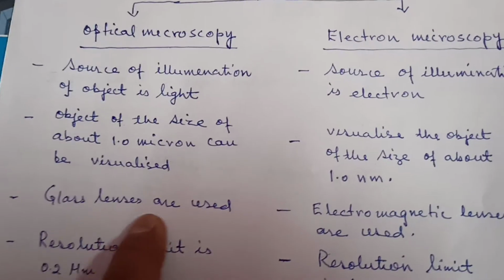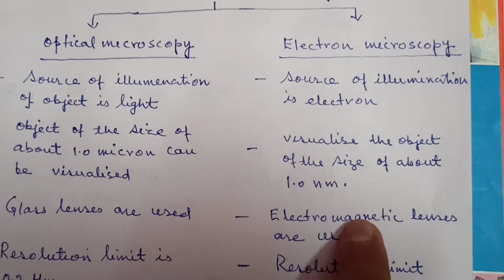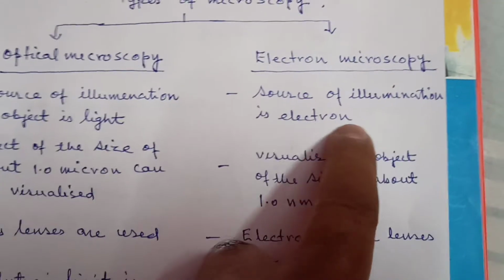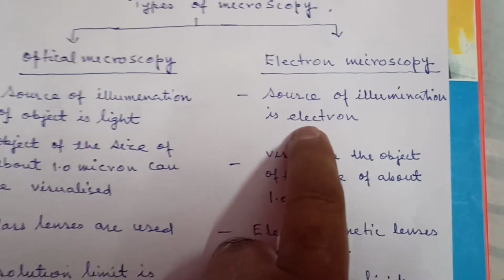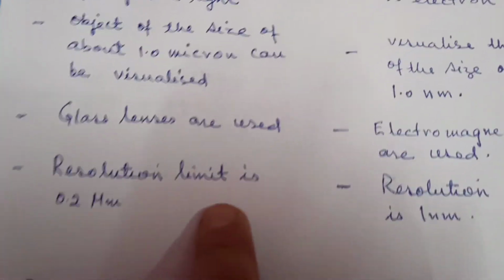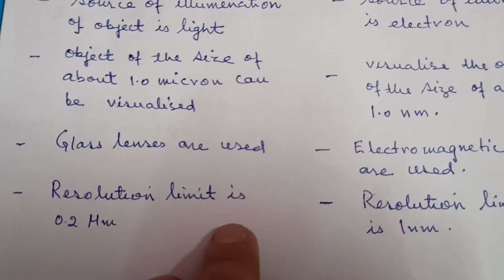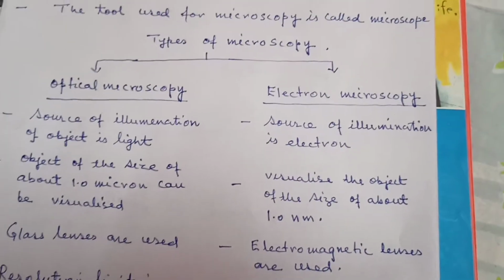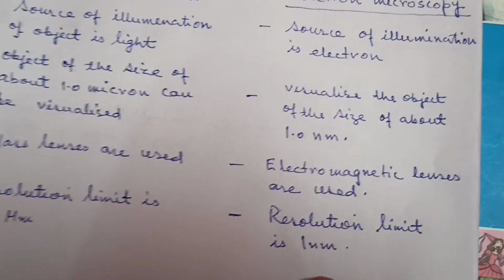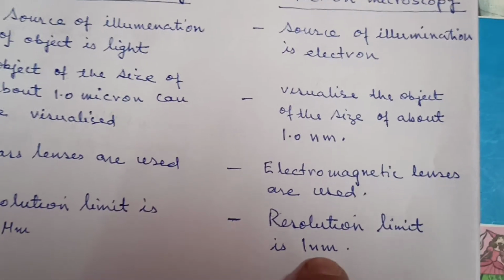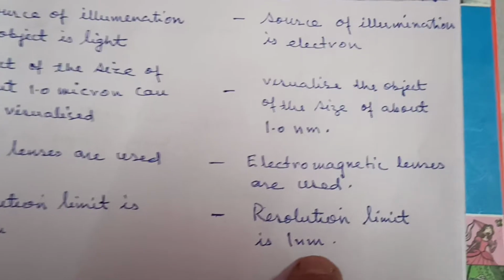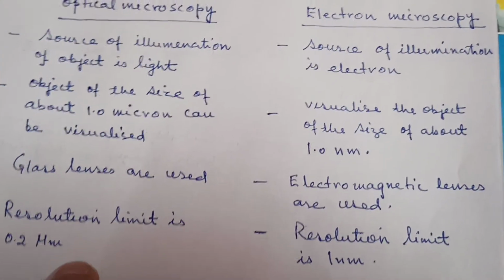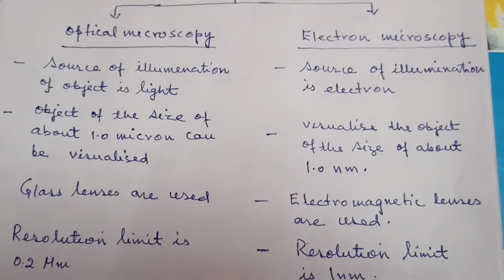But in electron microscopy, electromagnetic lenses are used because the source of illumination is electron. For optical microscopy the resolution limit is 0.2 micron, and for electron microscopy the resolution limit is 1 nanometer. That means the resolution limit is much better for electron microscopy than optical microscopy.